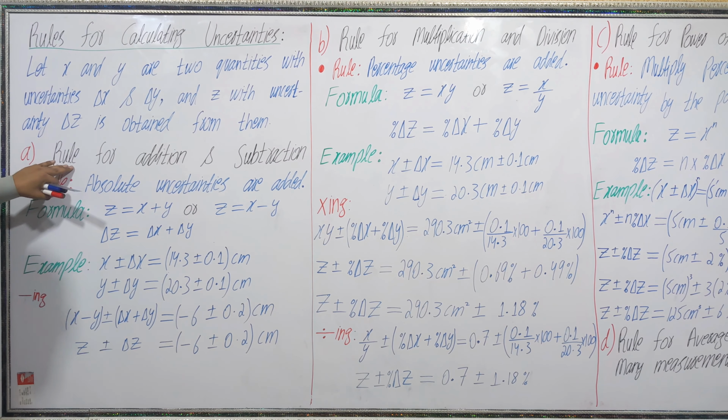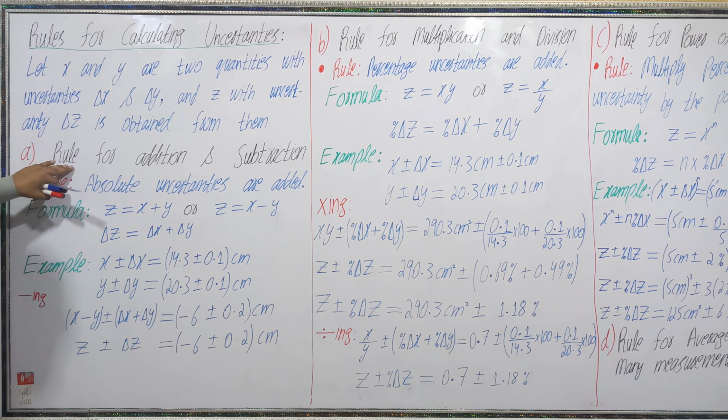It's a formula and this is a rule. The rule for addition and subtraction is that absolute uncertainties are added. Hope you got this.